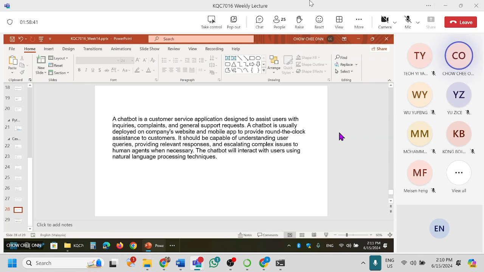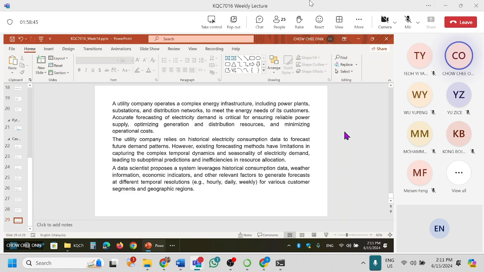Okay, so the first question also I decided to let you know the case because it's a little bit more specific. So maybe some of you are not from energy background, so that's why read a little bit on the energy. Okay, so yeah, it's a time series questions related to energy.